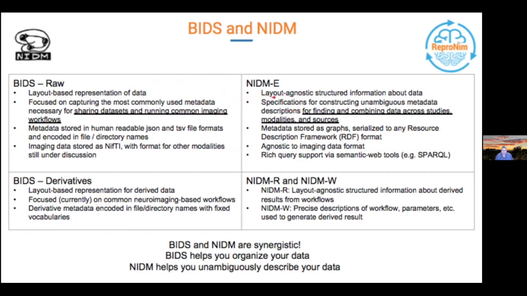Whereas NIDM-E provides the specifications for constructing unambiguous metadata descriptions that are stored internally as graphs, and again, I'll cover that a bit later. It's agnostic to the data format and has query support through some of these Semantic Web tools. And so, these two work really well together.